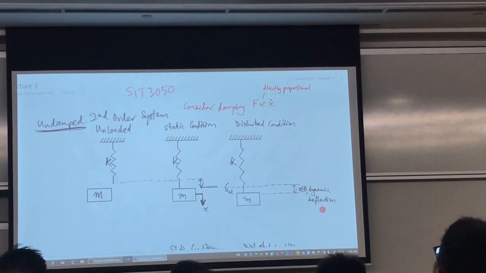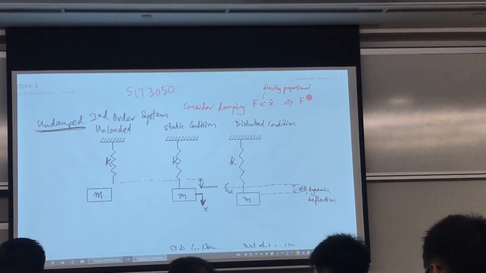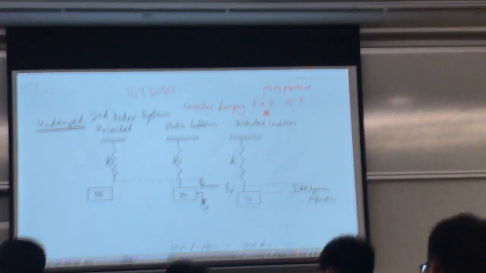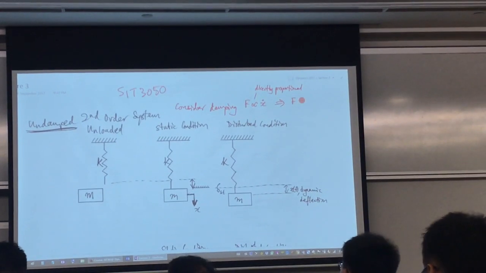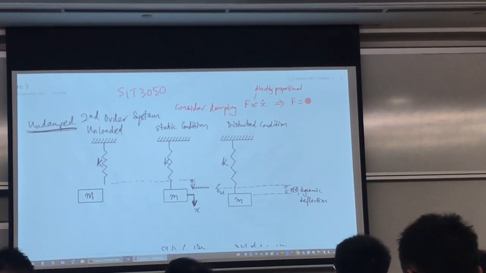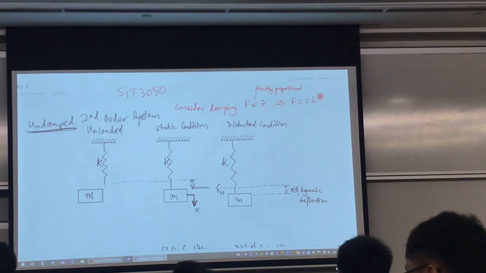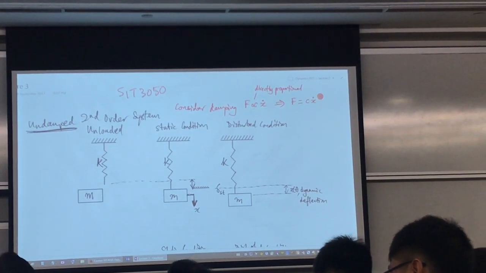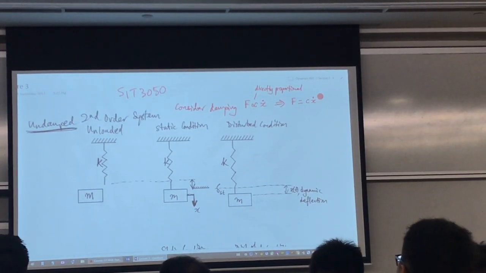That's the velocity. So if you remove that proportionality, then that damping force F is equal to C x dot. Right, so you have seen that before in the first lesson.